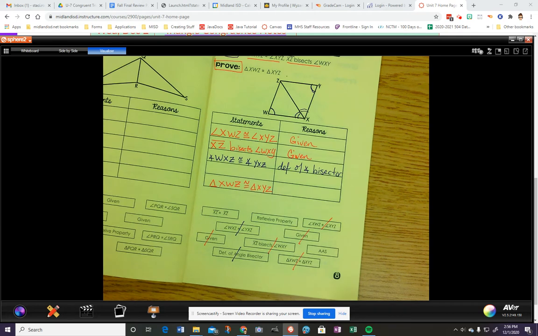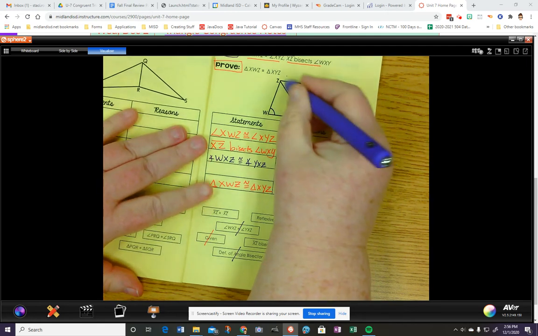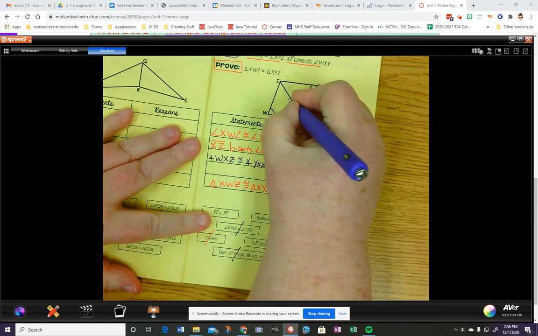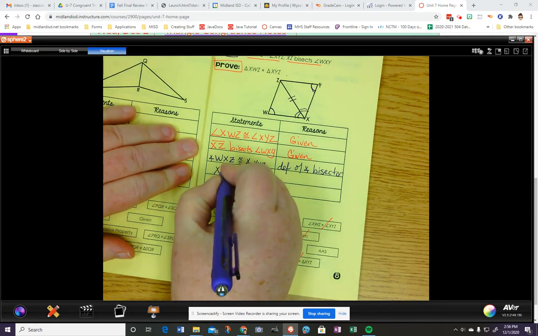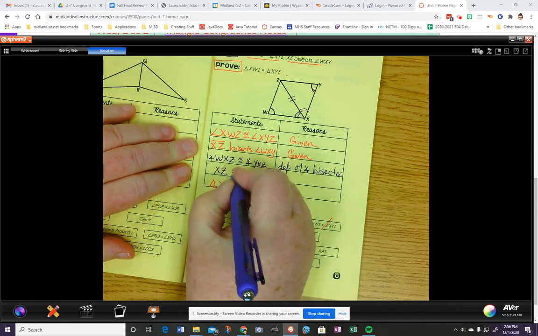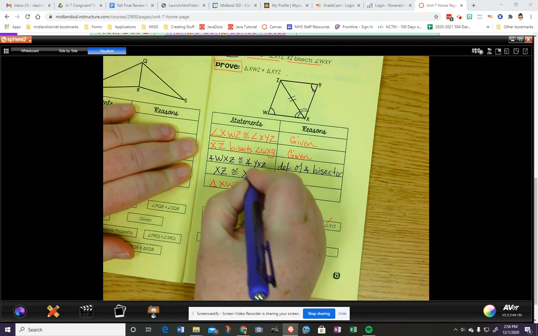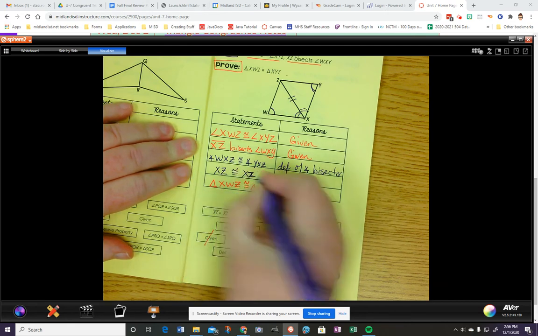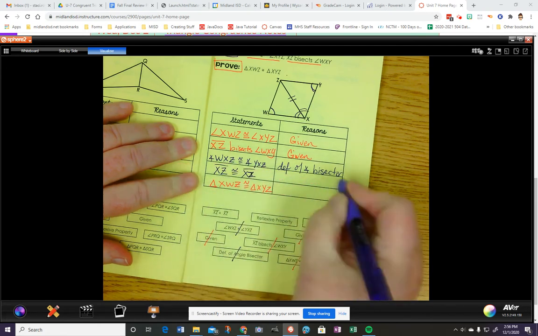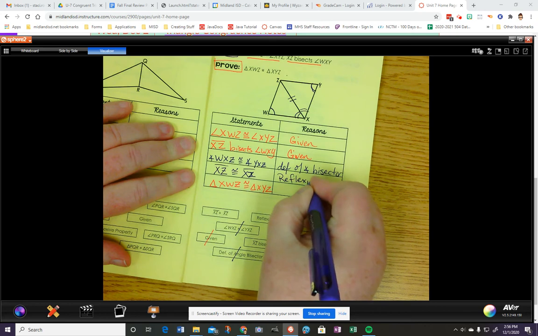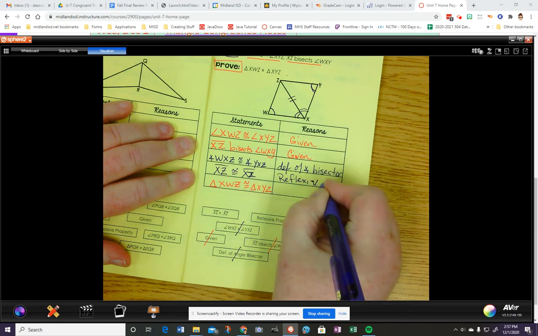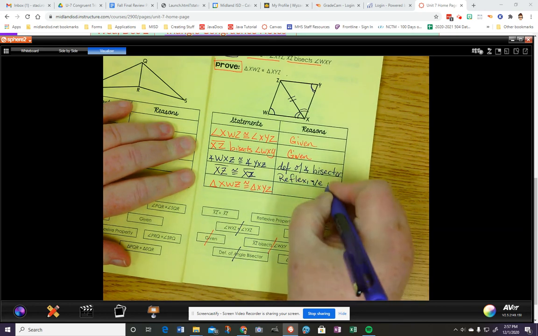Okay, so now what can we say? Remember, on one of them we talked about if a line is being shared with two triangles, it's congruent to itself. So XZ is congruent to XZ. I know it's silly to say. And that is the reflexive property.